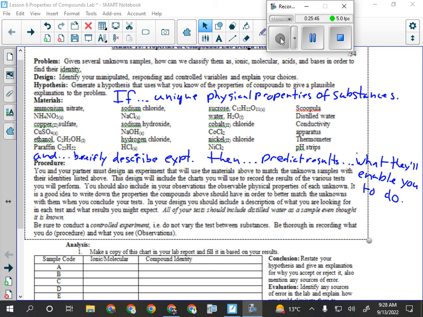Conduct electricity when in solution. So right away I know that that material should pass the conductivity test. It should have a high number during the conductivity test. Because it's got copper in it, it should also have a blue solution. Should be blue in color.